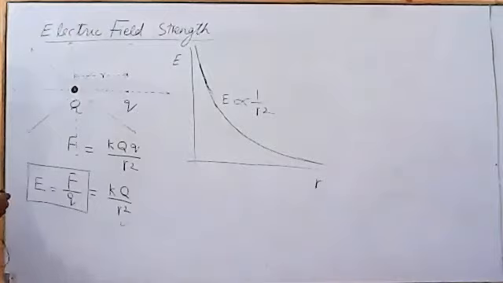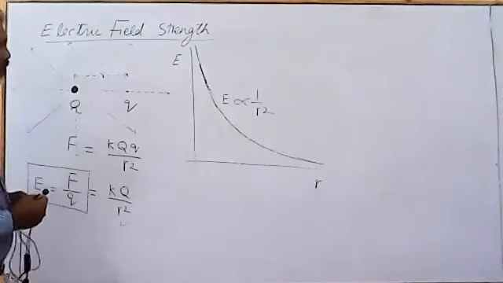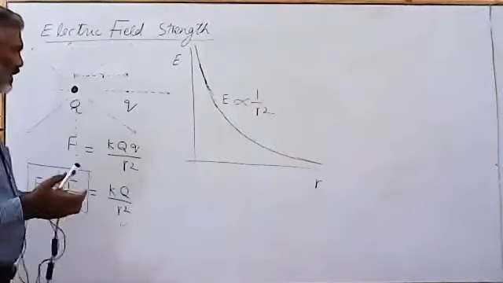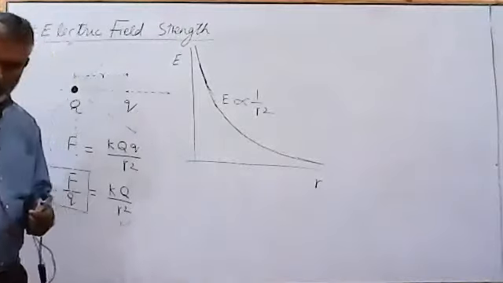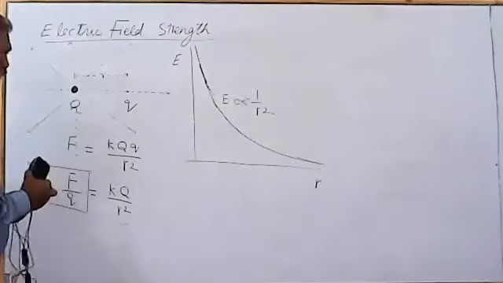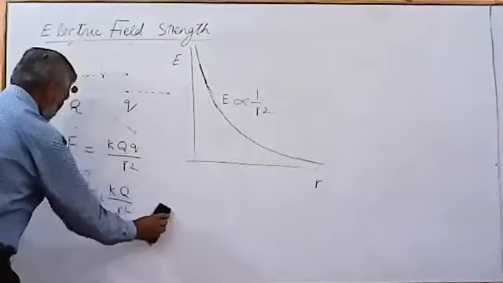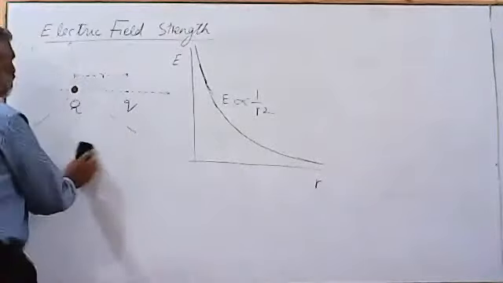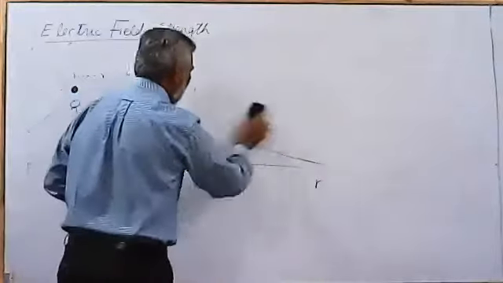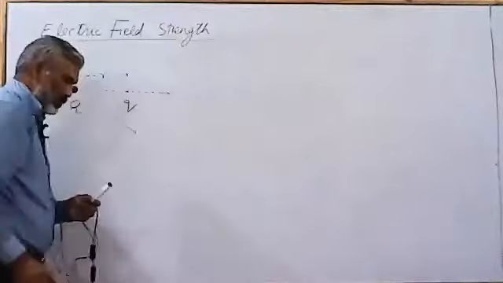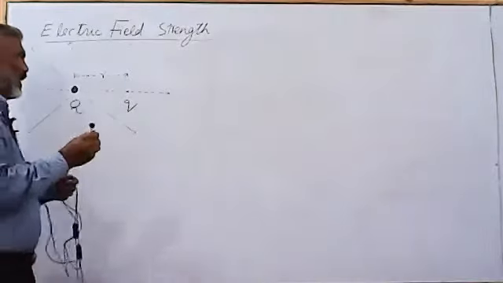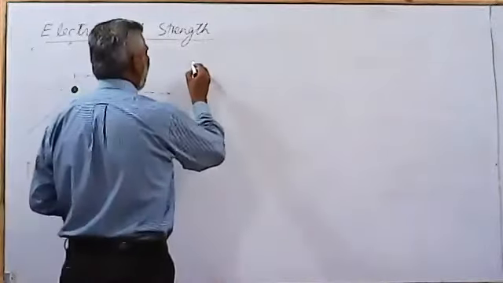Electric field strength is often calculated, and there are several questions in the exam. Let's calculate electric field strength at least for a couple of situations. Suppose we are required to calculate the electric field strength of an alpha particle.